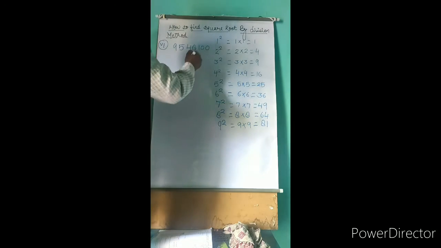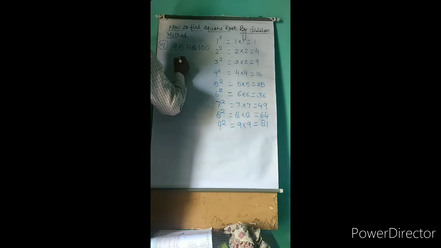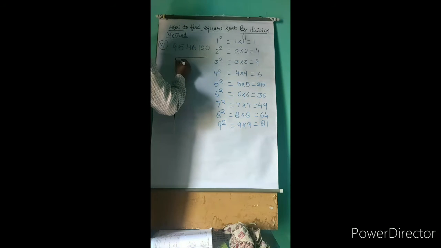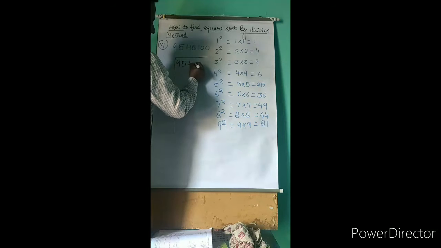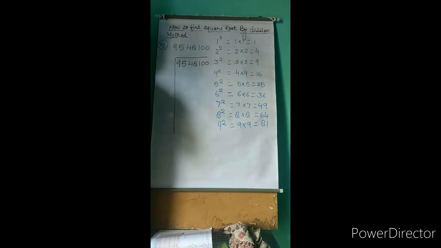This is 95 lakhs 48,100. So how do we find its square root? Let's see now. In the same way we will draw a shed or a dividing line. Write down the number 9, 5, 4, 8, 1, 0, 0. Our first work is to make pairs from one side.